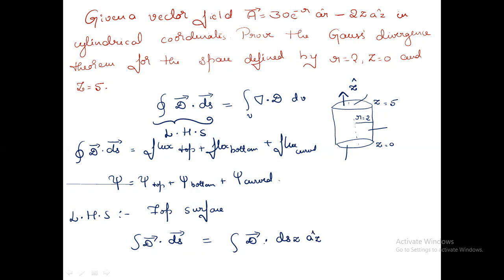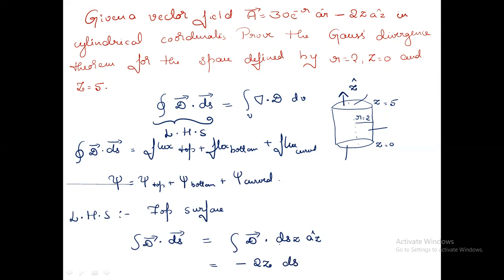When you do the dot product between D and this az cap, what remains is only minus 2z into dS.